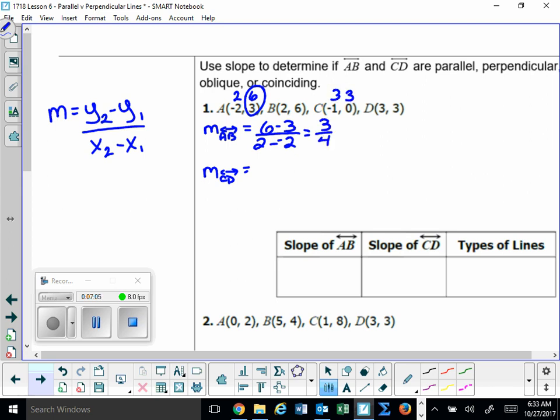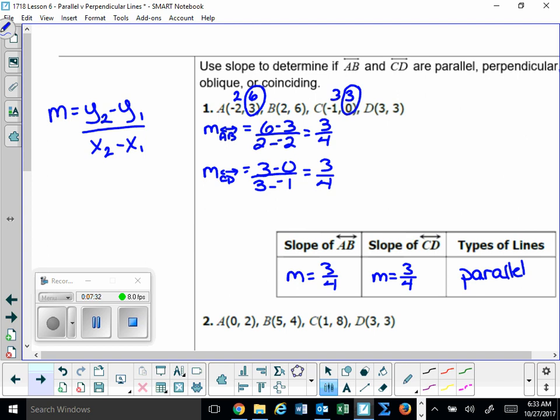I'm going to write my ordered pairs on top of each other and circle the y. 3 minus 0, 3 minus negative 1, 3/4. My slope for each of these is 3/4. They are the same, so these lines are parallel.